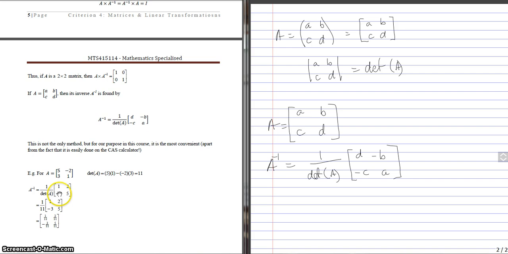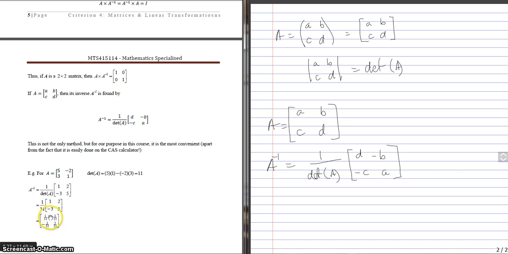Then what we do is multiply our scalar quantity at the front, which is 1 over 11, by every element within the matrix. So 1 times 1 over 11 becomes 1 over 11. The next one we have 2 over 11, and then negative 3 over 11, and then 5 over 11. So that's our inverse.